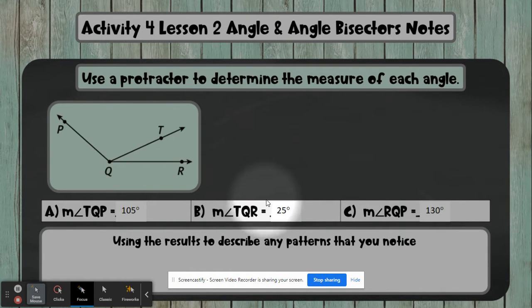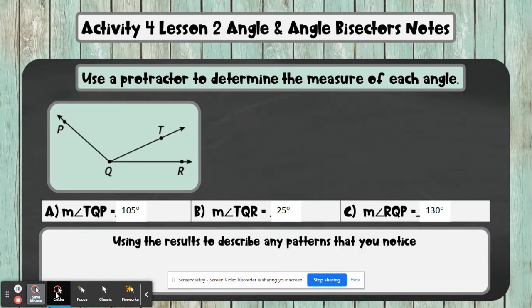TQR is 25 degrees. So RQP is 130, the entire thing. So using the results to describe any patterns that you notice, what is something that you notice there?